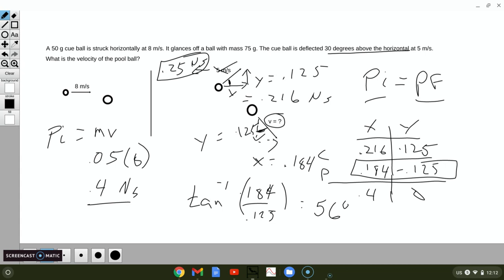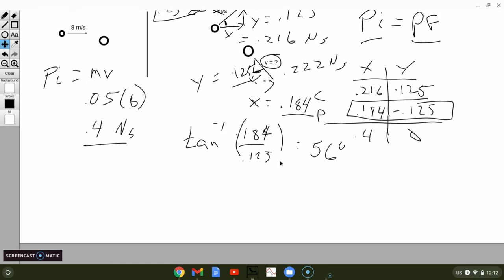Well, again, I have two momentum vectors. So what I can do is find that resultant momentum. So I'm going to take 0.125 squared, add that to 0.184 squared, square root that, and I get 0.222 Newton seconds. And that is the resultant momentum.